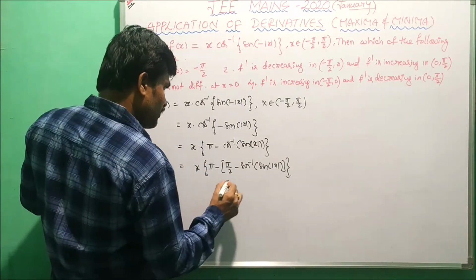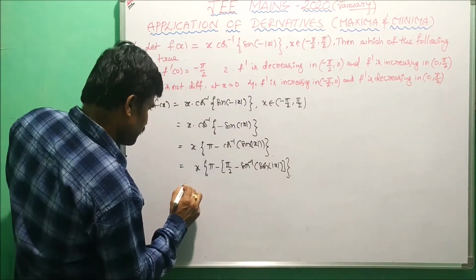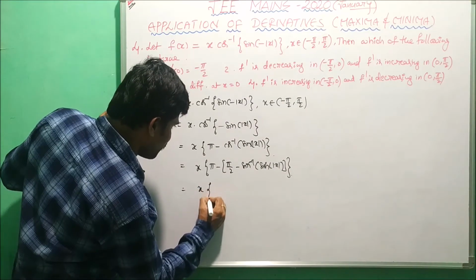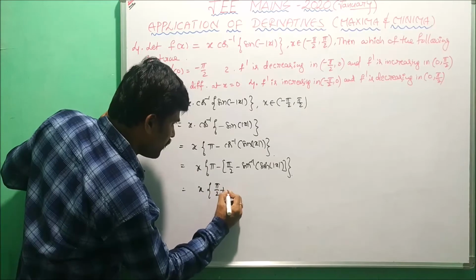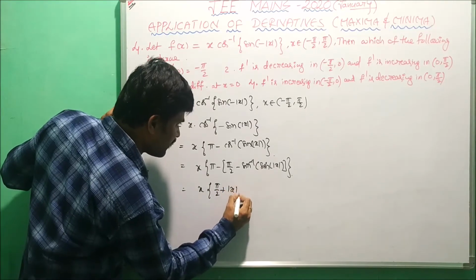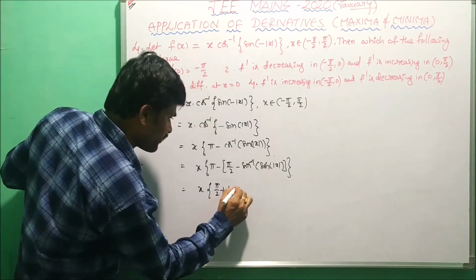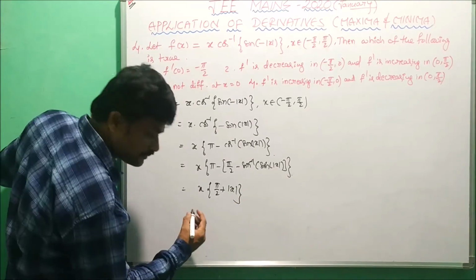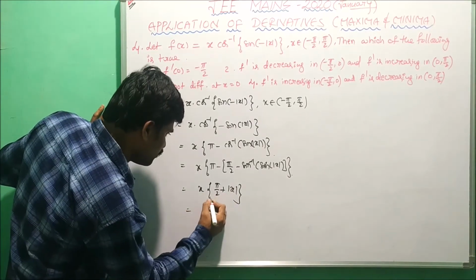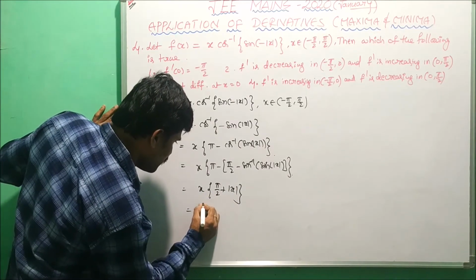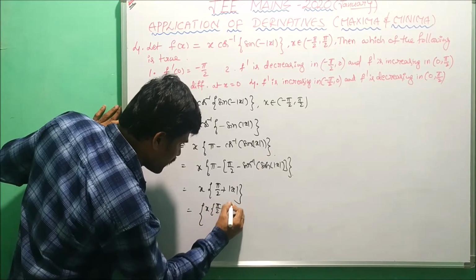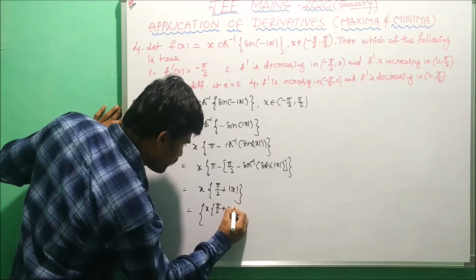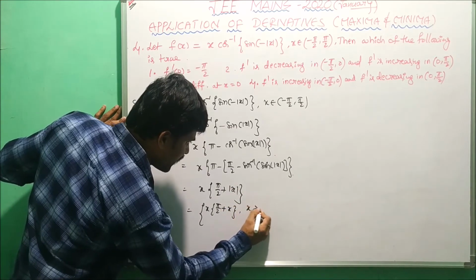Here we observe sin inverse sin cancel. Now we can simplify that, x into pi minus of pi by 2, that is pi by 2 plus mod x. Sin inverse sin cancel, mod x. Now that equals to, in this, x into pi by 2, we can take mod x equal to x. Here x is always greater than or equal to 0.